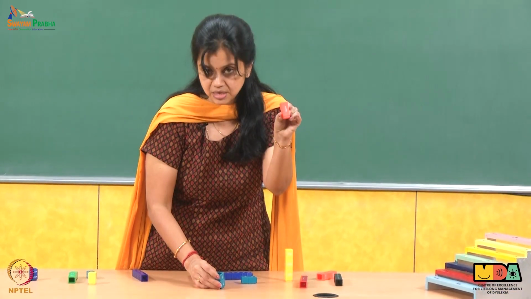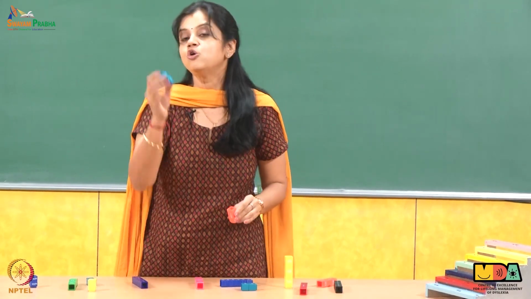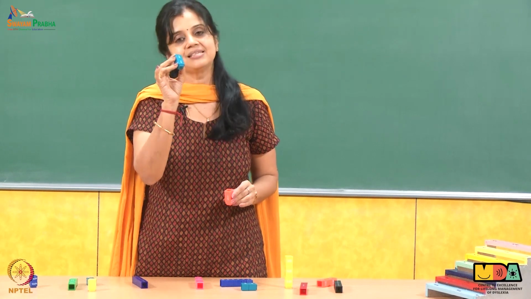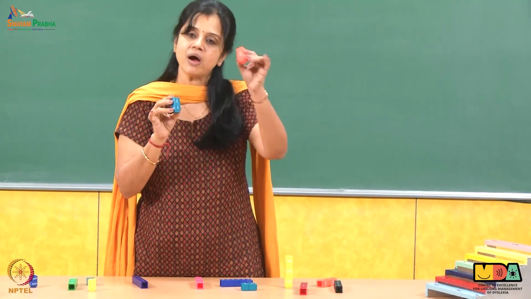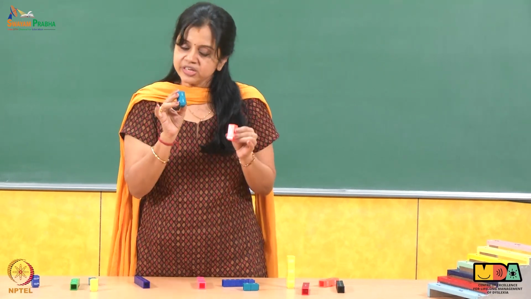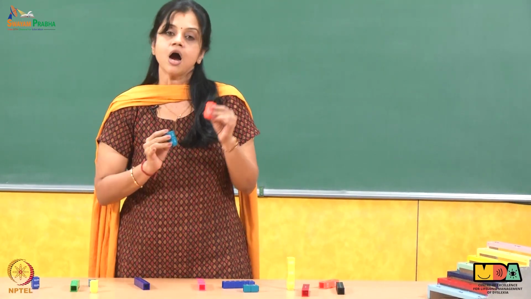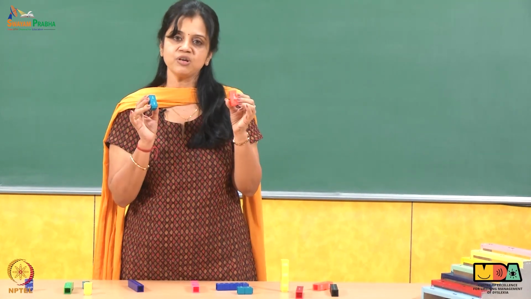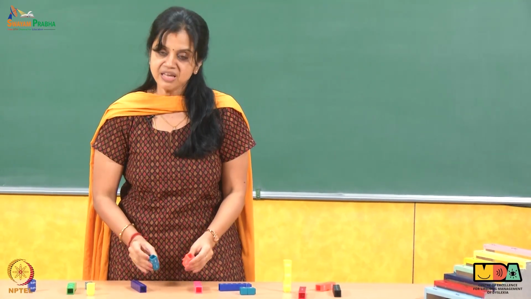So, 1/3 is the same as 2 parts of 1 by 6. So, 2 parts of 1 by 6 is the same as 2 by 6. So, 1 by 3 and 2 by 6 are the same. So, this way they learn how to do equivalent fractions, or they understand the concept of equivalent fractions using these blocks.